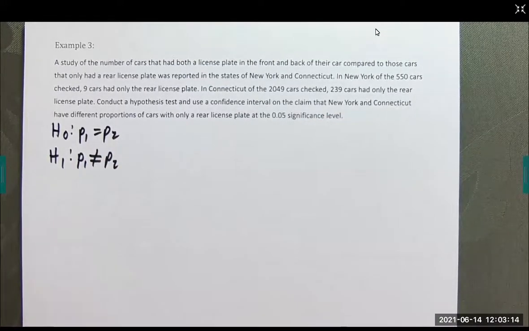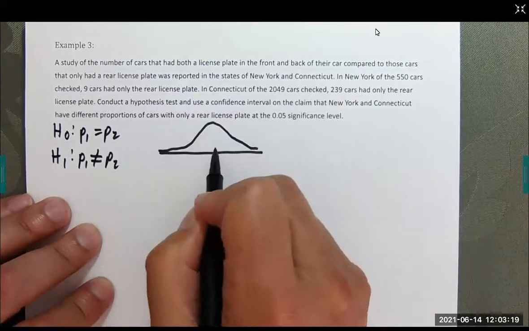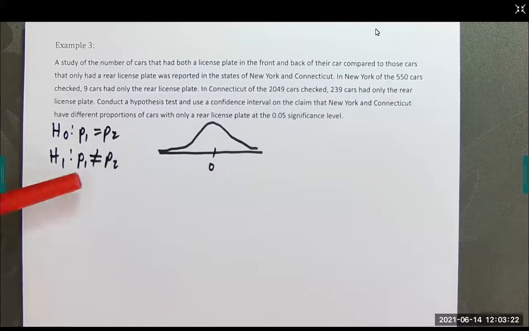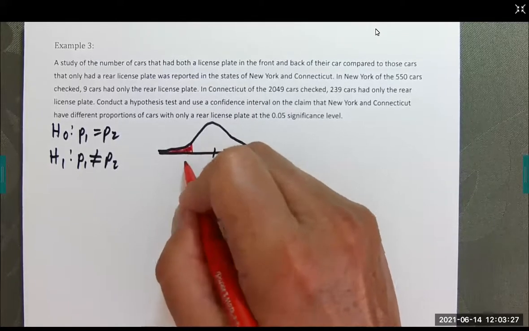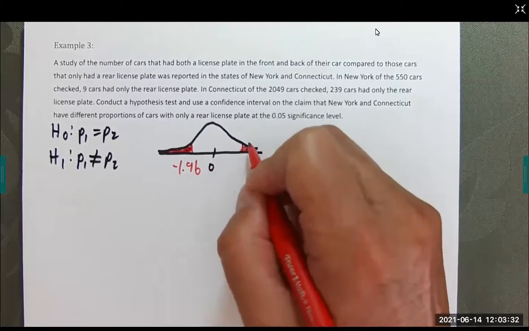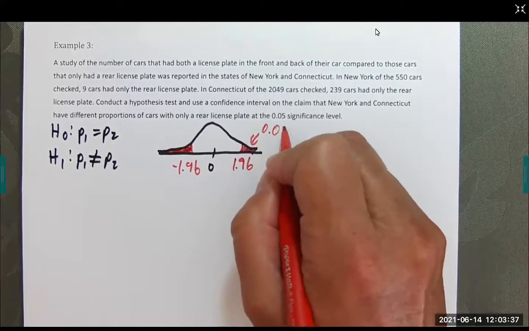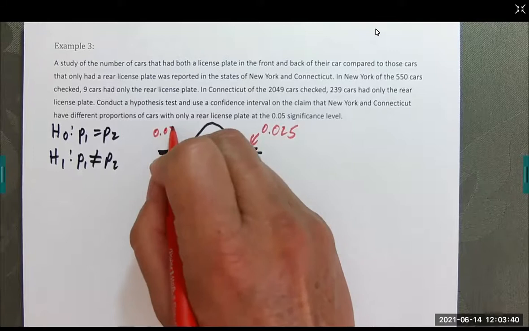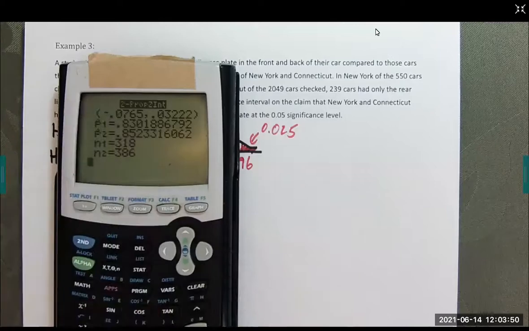And because it's not equal to, we have 2-tail again. And we just calculated the critical values here. And let's get to our test statistic.